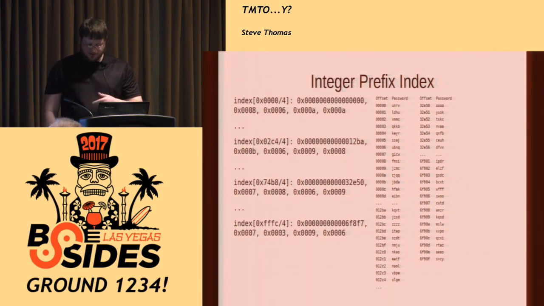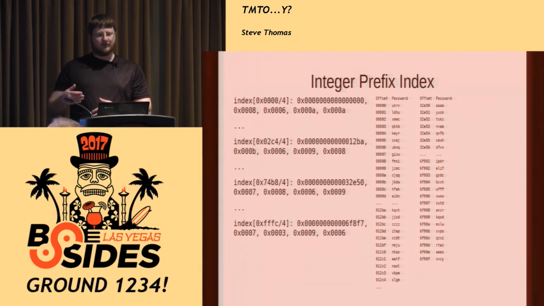One more note on this. This is if you were going to do 32 bits per prefix index on average. It's 16 bytes divided by 4. That gives you 4 bytes.